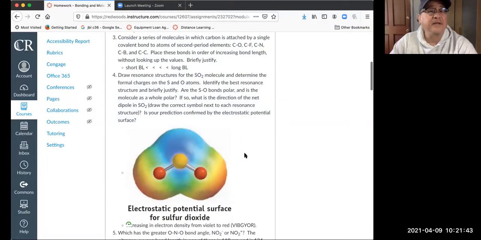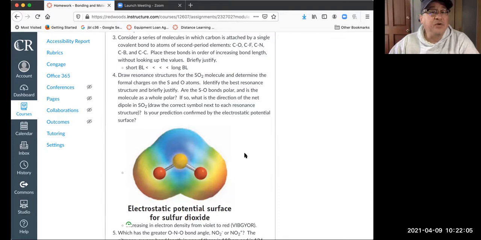Okay, number 3, consider a series of molecules in which carbon is attached by a single covalent bond to atoms of second period elements. So we're talking about a carbon-oxygen bond, a carbon-nitrogen bond, a carbon-fluorine bond, a carbon-boron, and a carbon-carbon. We didn't do any of the elements that were further to the left, like beryllium or lithium.